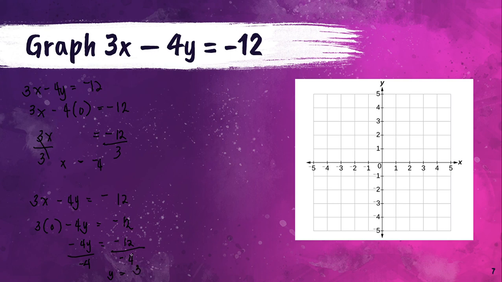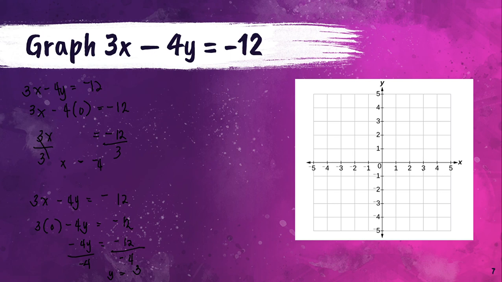Therefore, you have to plot the intercepts, okay? You have to plot these points in our Cartesian plane. So first we have x is equal to negative 4, and when x is equal to negative 4, then y is equal to 0. So we have to plot (negative 4, 0).